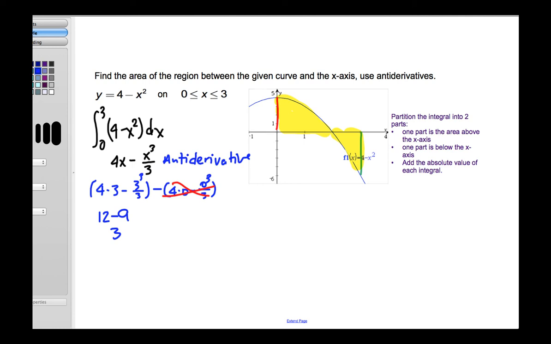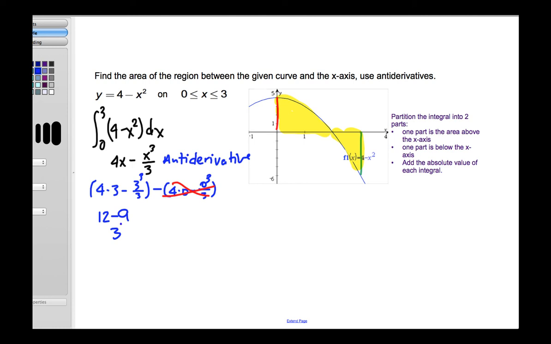So using the antiderivative, it's not a hard thing for us to solve this out. We can do it. It's no problem at all. Now, one thing that we can do is use your calculator to double check, and you can find that the total area would come out to be 3.